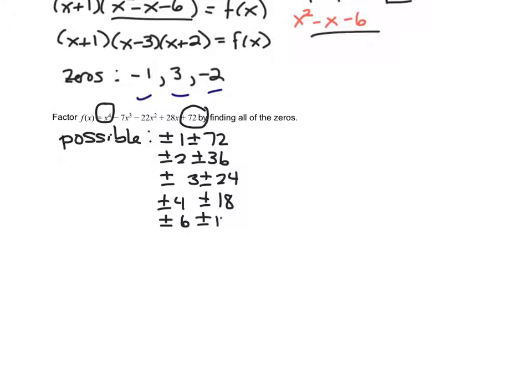We have 6 and 12. Still multiplies to 72. 8 and 9, and I believe that's all.